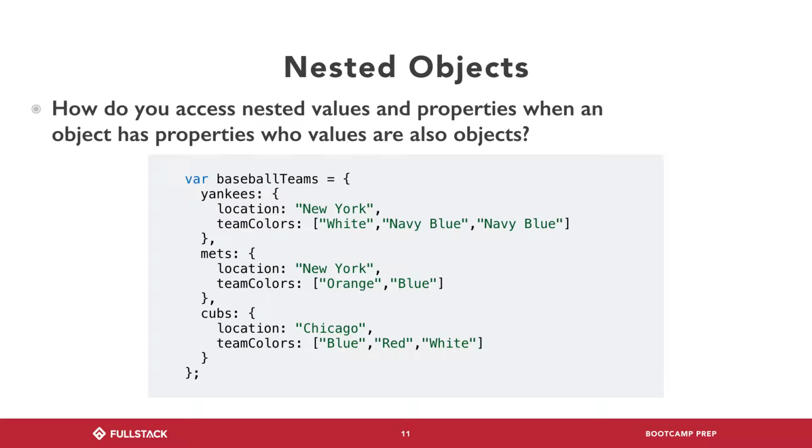And if it fails, then it will throw an error saying, hey, this doesn't exist, or hey, you can't do that, right? If it does work, it will say, great, baseball team dot Yankees. Now, if I do baseball team dot Yankees dot location, it will say, great, baseball team dot Yankees gave me this. Can I do dot location, or does it have a property called dot location? If it does, it will run it. If it doesn't, it will throw an error and yell at me and say, hey, you can't do that, right?